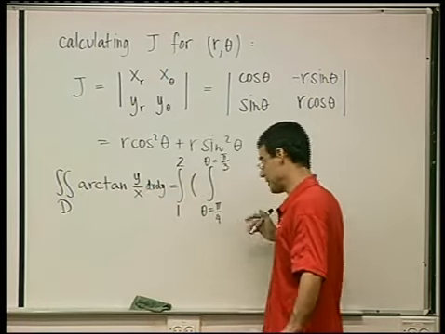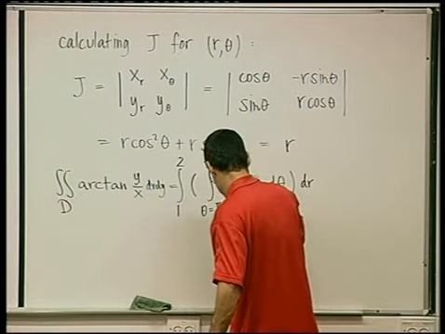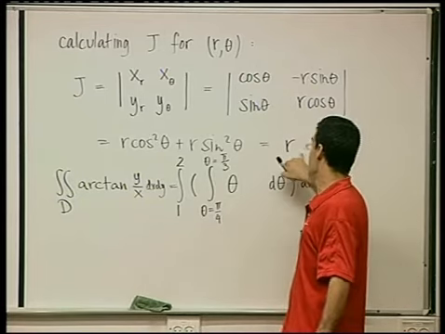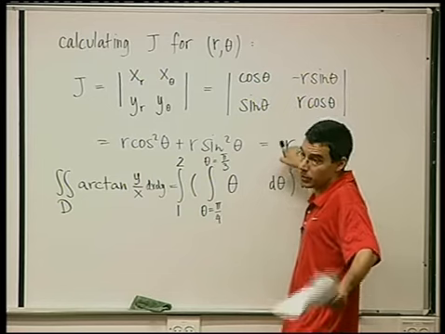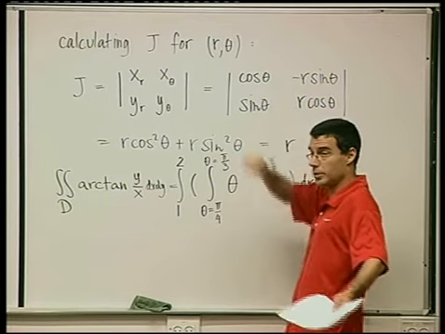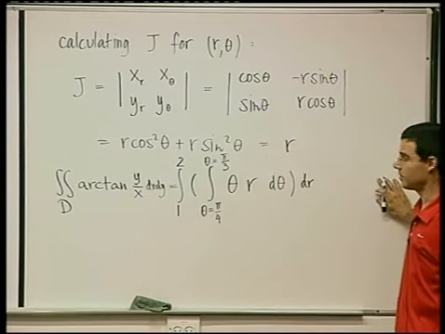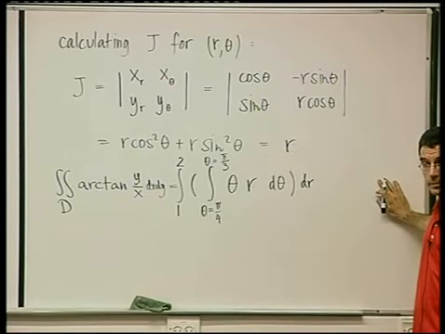Arctan of y over x is just theta. And we need the Jacobian in absolute value. The Jacobian was r. It's always positive, right? R is the distance from the origin. So we just write r. This is what we have to calculate now. Good?